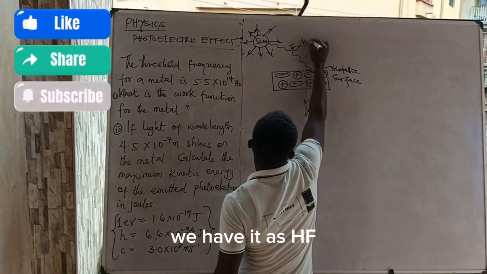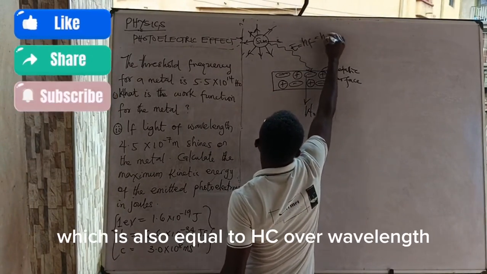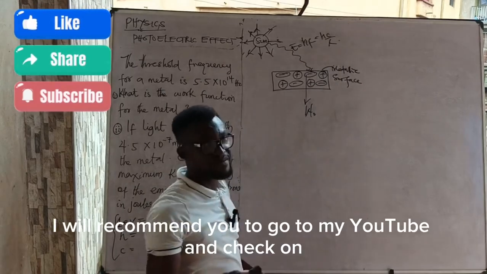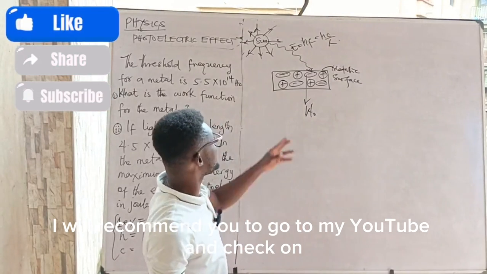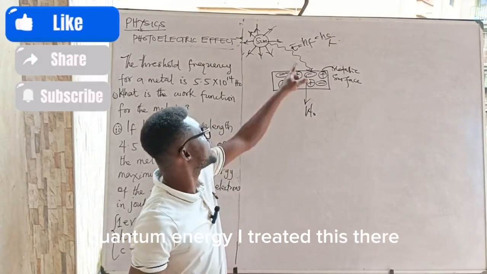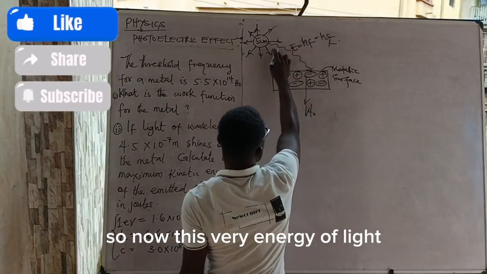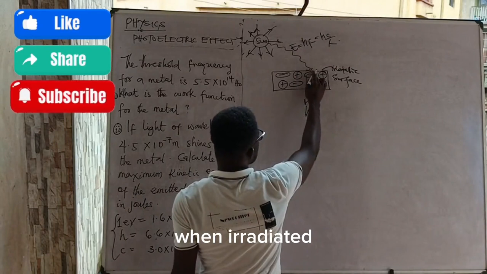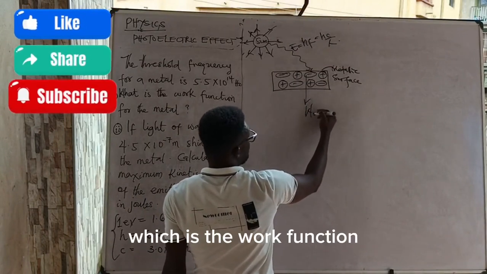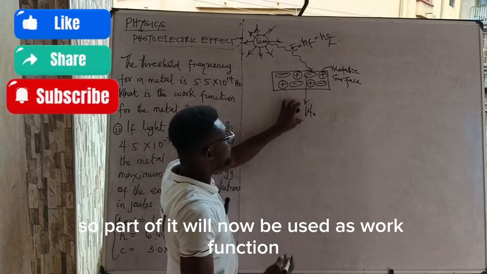We have it as hf, which is also equal to hc over wavelength. I will recommend you go to my YouTube and check on quantum energy. I treated this there. So now this very energy of light, when irradiated, will first conquer the binding energy, which is the work function. So part of it will be used as work function.